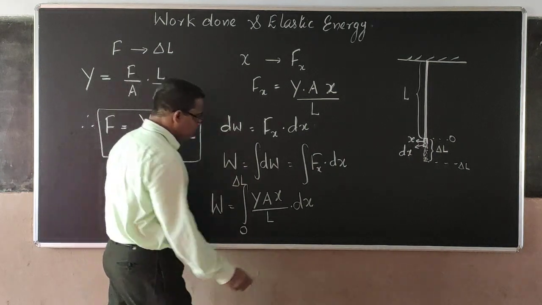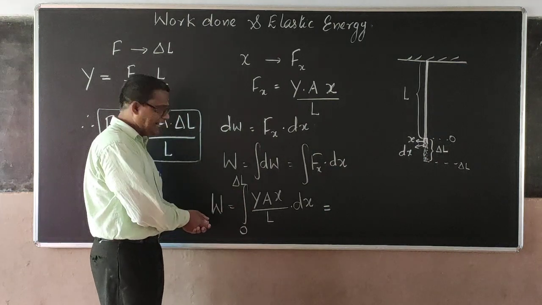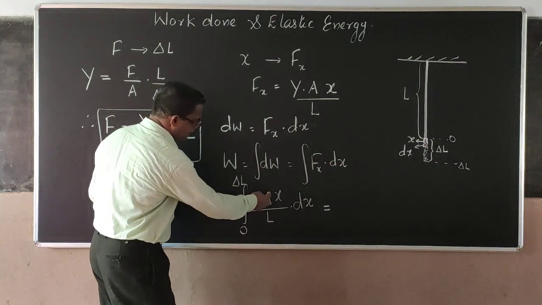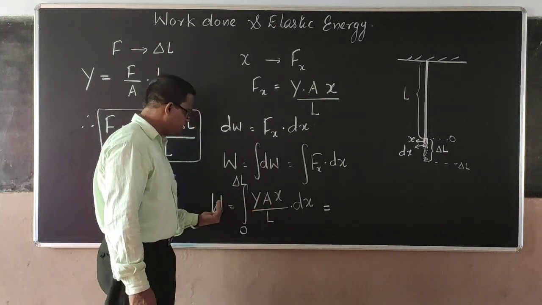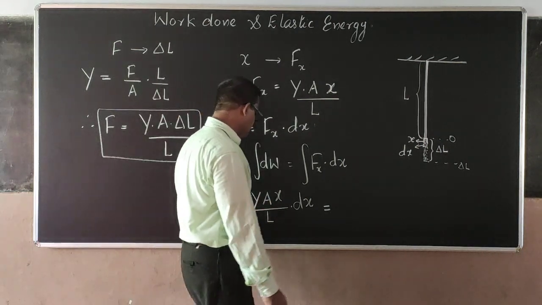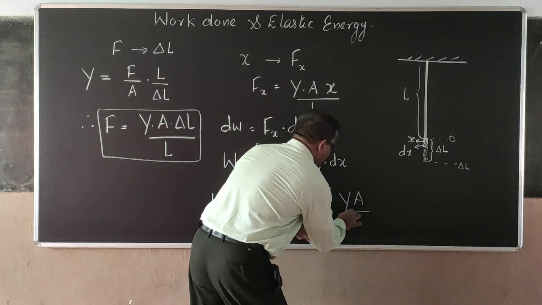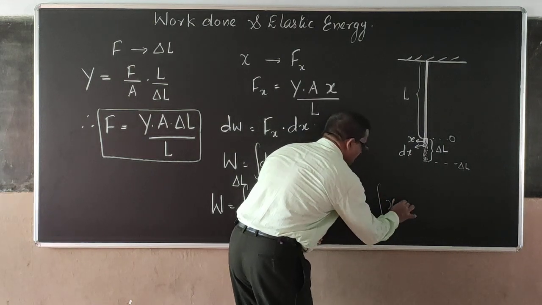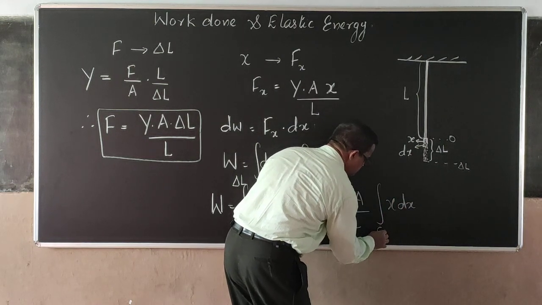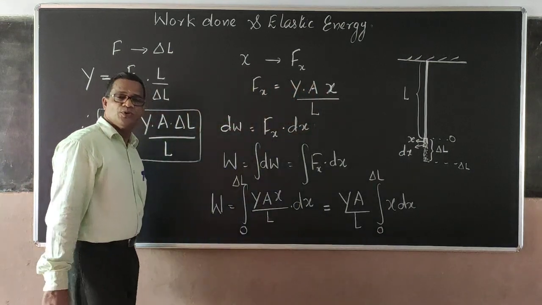So by applying the integration, Y, A and L, the initial length, are constants, so you can take them outside. It comes as Y A by L outside, integral x dx from 0 to delta L. This is what you are getting.